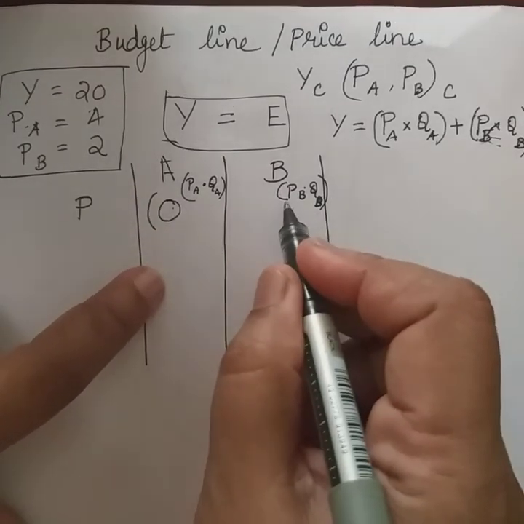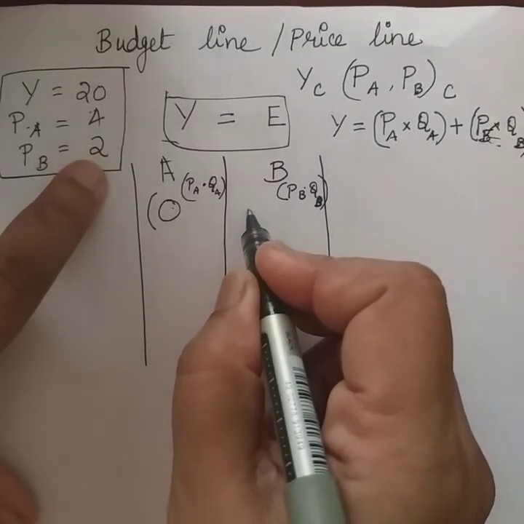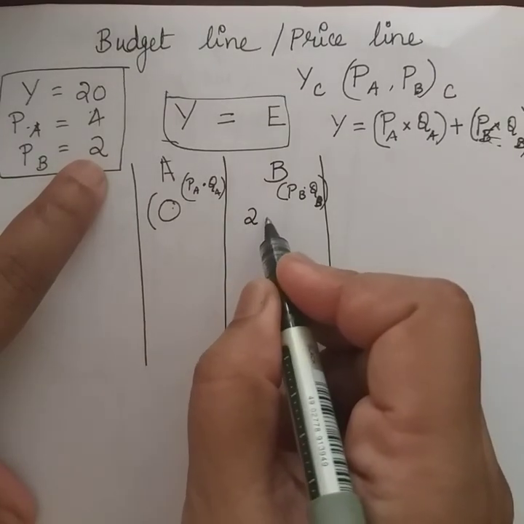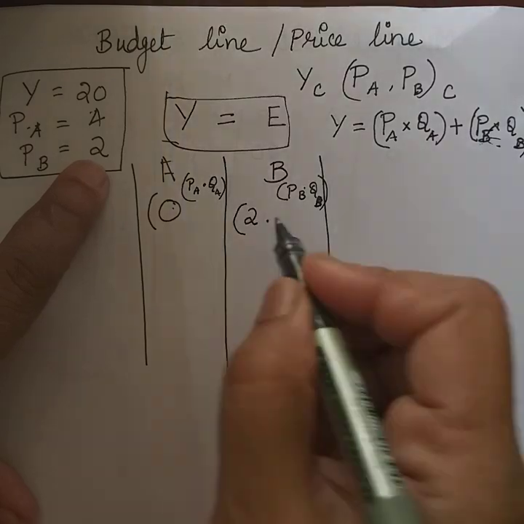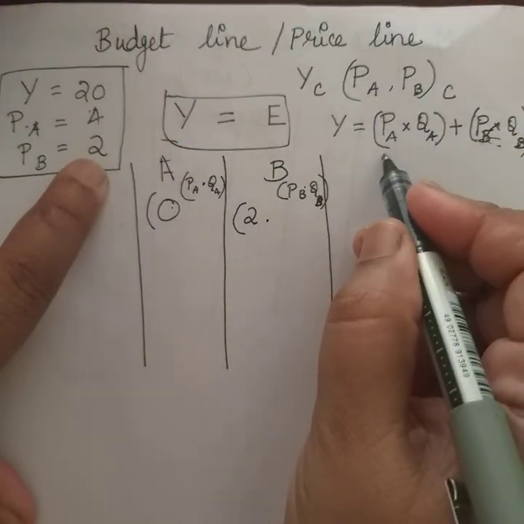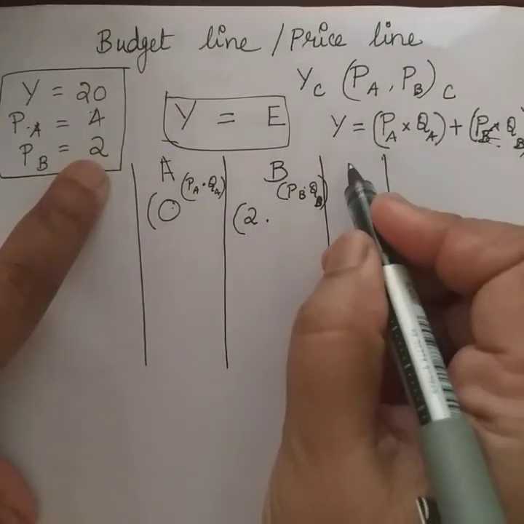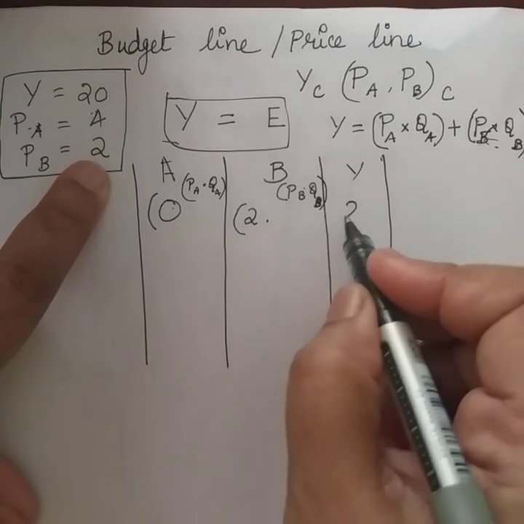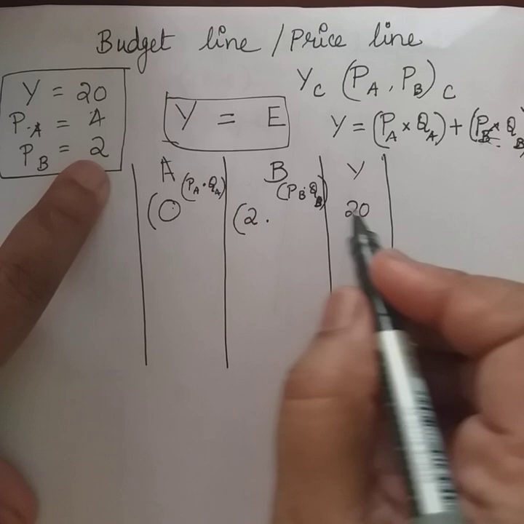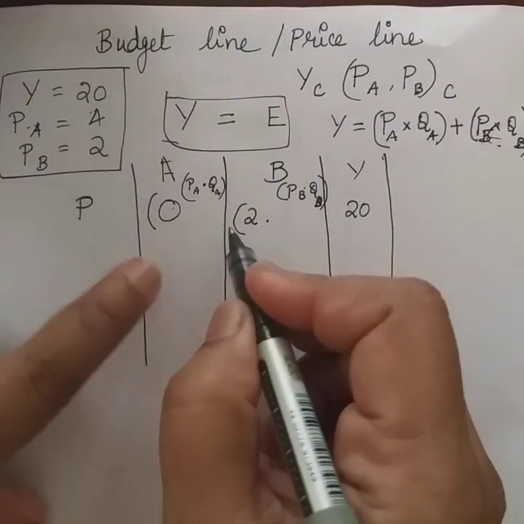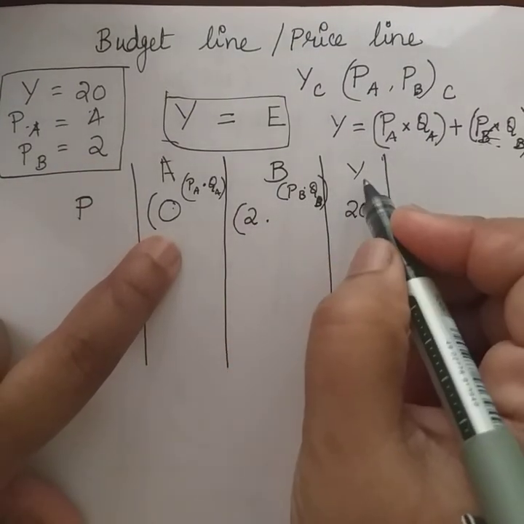So the price of B is 2 out here. And what is the money income? The money income remains the same throughout, so that is 20. So how is the money income calculated?